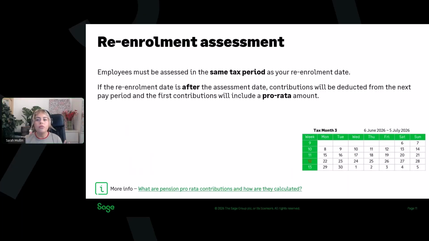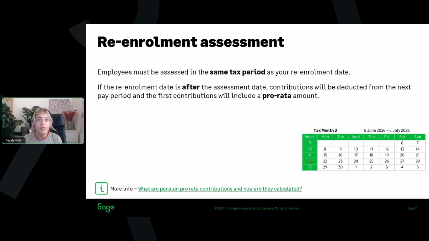Now, the golden rule with re-enrolment is employees must be assessed in the same tax period as your re-enrolment date. Now, if your re-enrolment date falls after the assessment date, contributions are taken from the next pay period.